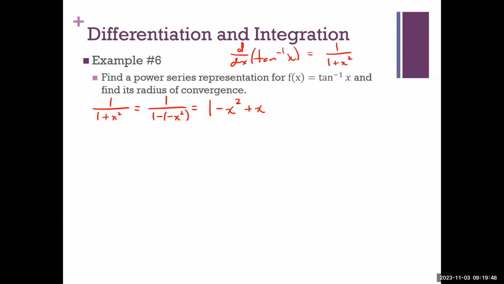Then if we populate a few more terms, we okay with this sum? Okay. So we want to find the power series representation of this thing. Can we do that now?